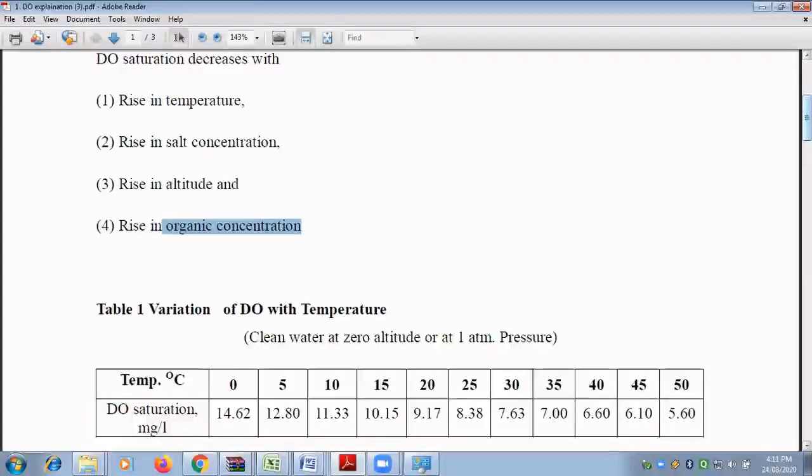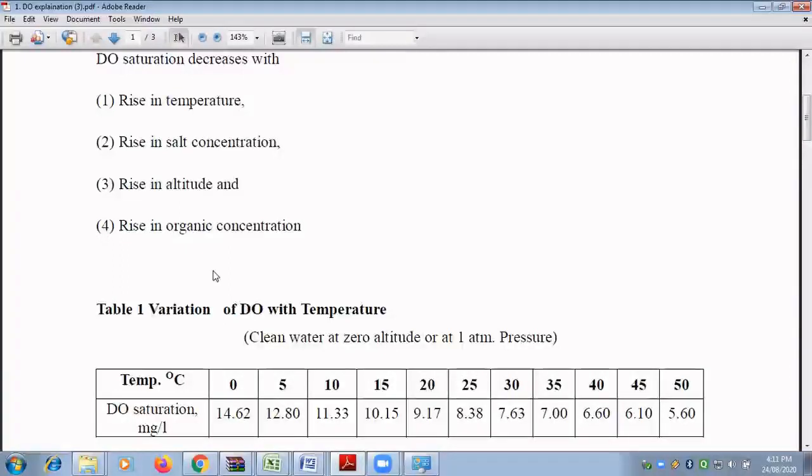You must have read in many newspapers that the river is getting polluted. When the river is getting polluted, it means that the organic concentration, or even the inorganic concentration, is increasing. But we are not going to focus on inorganic concentration here. Because of the sewage, the organic concentration is going to increase, and because of that, the DO will decrease.